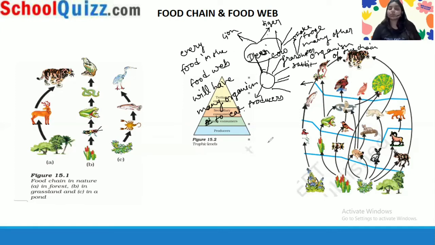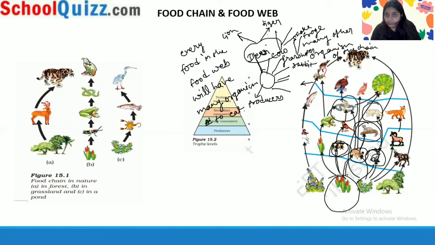So you can understand clearly, like this is a plant. You can see here, this plant is eaten by these small organisms, and this small mouse, and also by the rabbit. Then this rabbit is eaten by this small animal, and also by this animal.